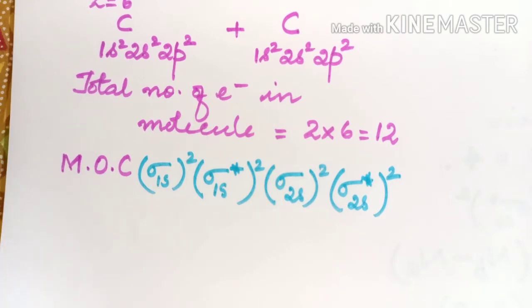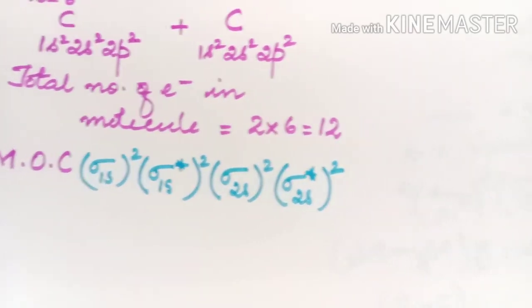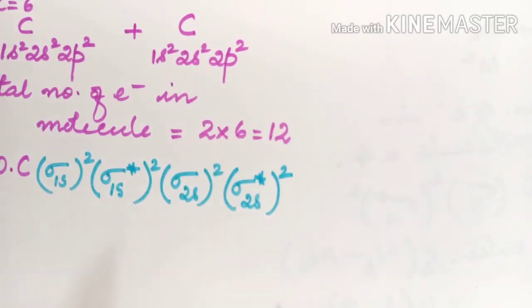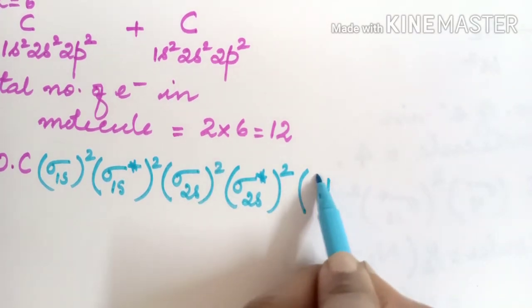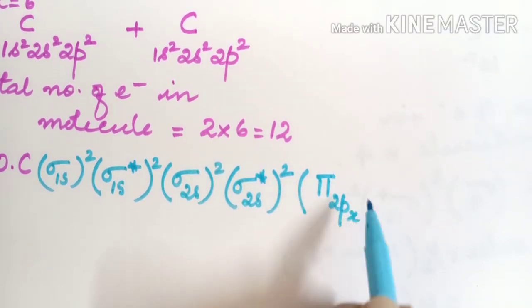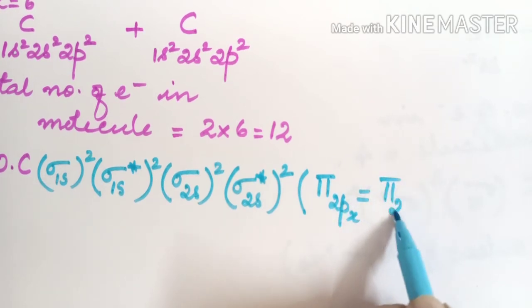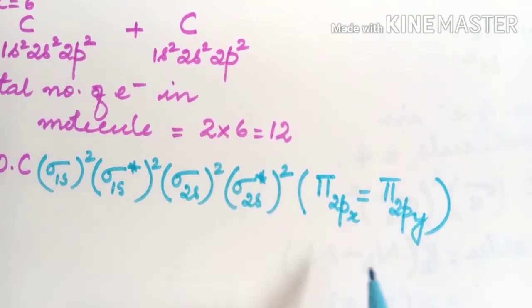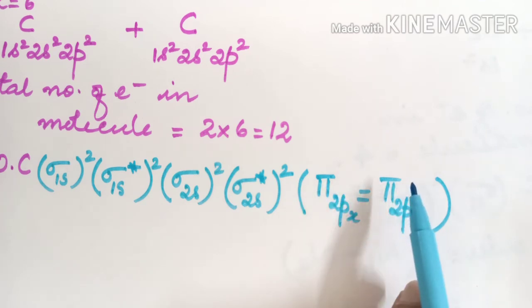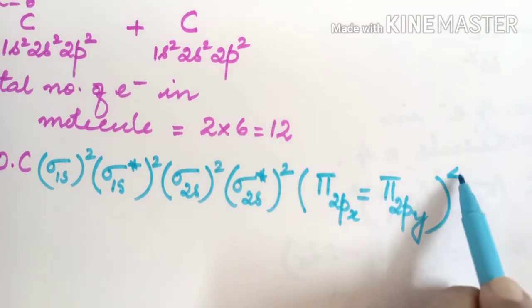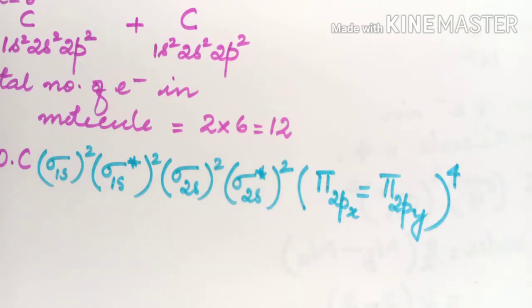So these 4 electrons are to be arranged in the next higher level. The next higher level, you find that the bonding molecular orbitals pi 2px and pi 2py are present. These are degenerate orbitals, each having an occupancy of 2. That means a total of 2 plus 2, 4 electrons can be occupied. So then this is the molecular orbital configuration.